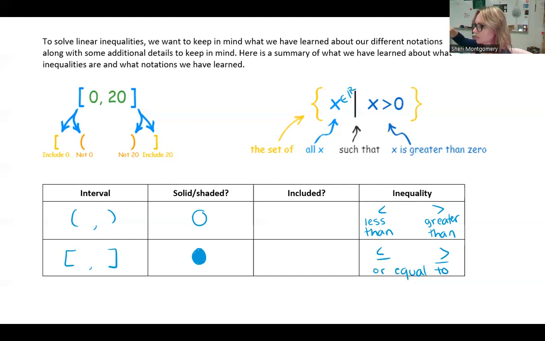You have to be less than 11 feet tall to go underneath whatever it is. So when we have an open circle, it means you don't include that because it's either less than or greater than whatever that number is. So it's not included. And if you have a solid circle, that means you are included.